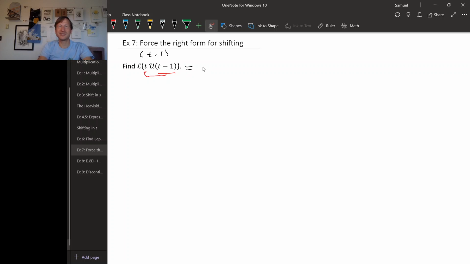But of course you can't just replace t with t minus 1, because that would be different. t isn't the same as t minus 1, but t is the same as t minus 1 plus 1, times our step function u of t minus 1.